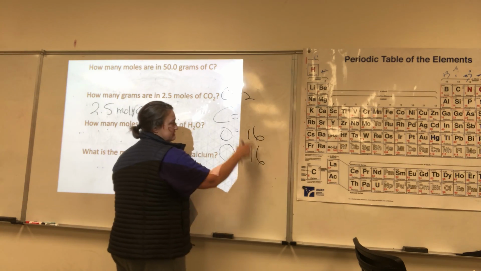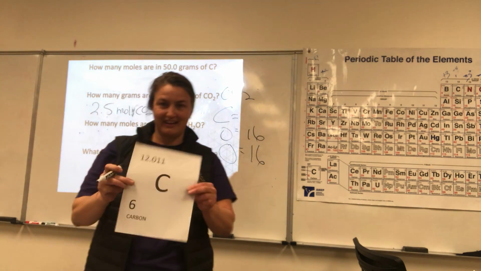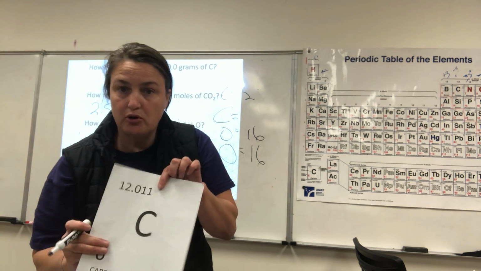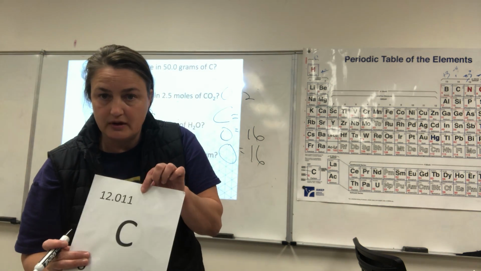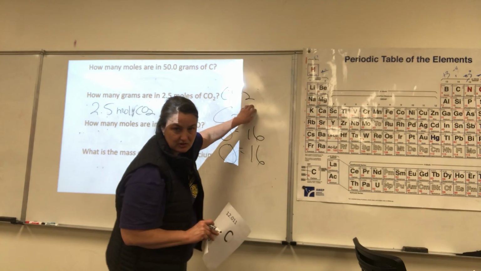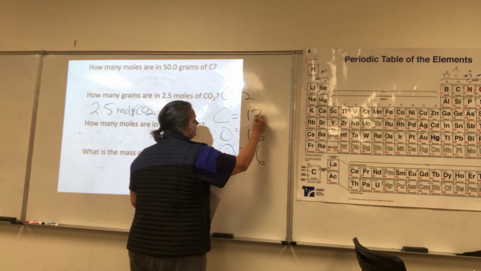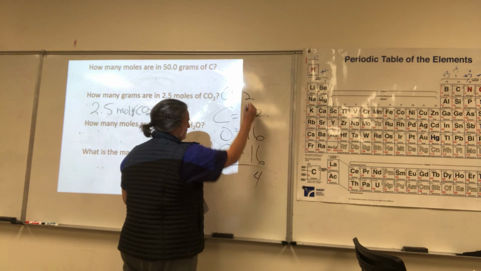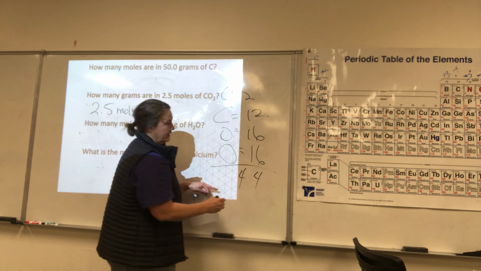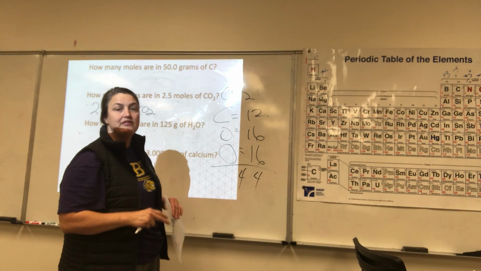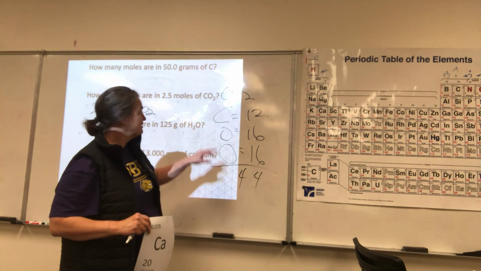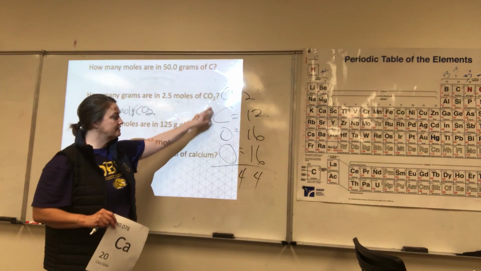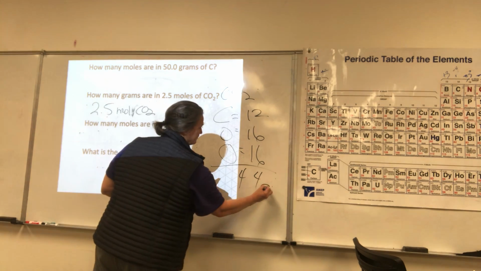And so we have 16 and 16. I found my carbon, and its molar mass is 12.011. Instead of writing 12.011, I'm just going to write 12. And I'm going to do the math. I get 44. The molar mass of carbon dioxide is 44 grams.